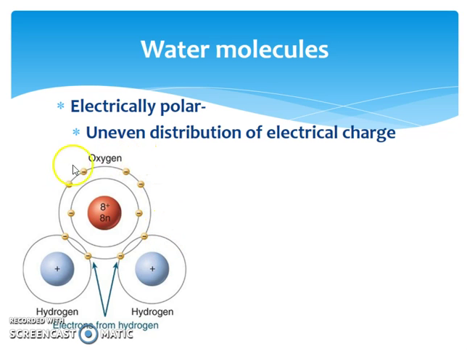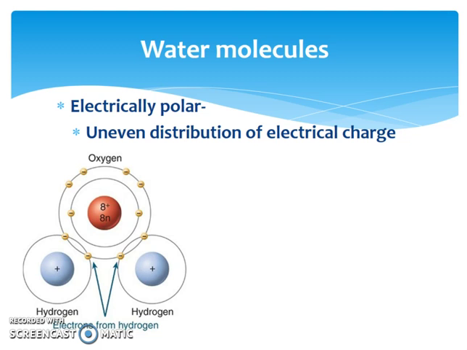So you're going to get this uneven distribution of charges, where hydrogen just has the 1 and oxygen has 8. It's going to pull a little bit more towards the oxygen, giving it that unequal charge distribution. So we would call water a polar molecule.